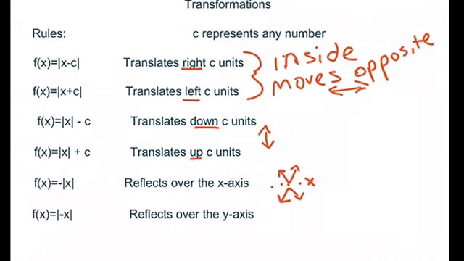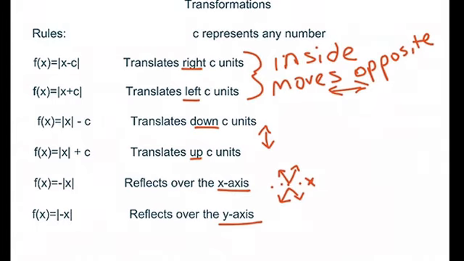Now when we put the negative inside the absolute value, so f(x) = |-x|, that is going to reflect over the y-axis. But when the negative is outside, it's reflecting over the x-axis.